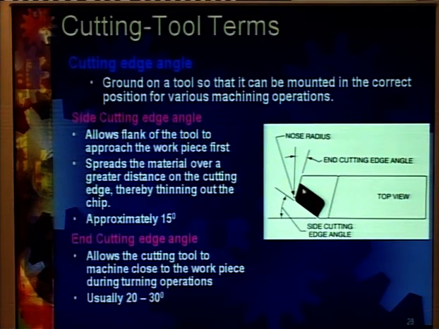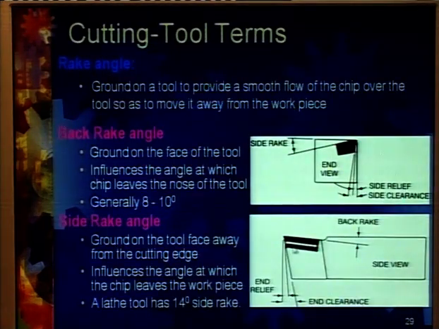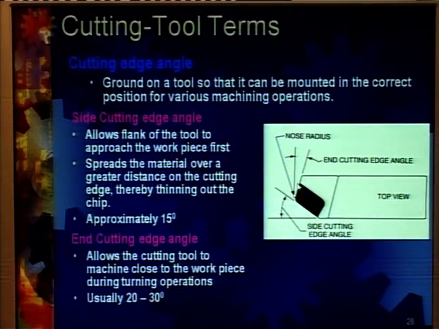The end cutting edge angle has been given to the end, as we have seen in the other slide. As the end relief was given to the end, similarly the end cutting edge angle is also the angle given to this end.